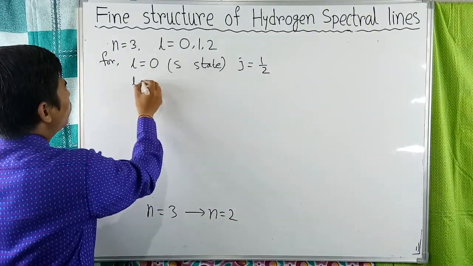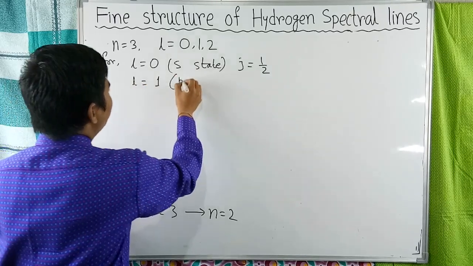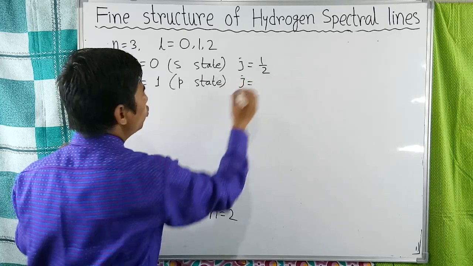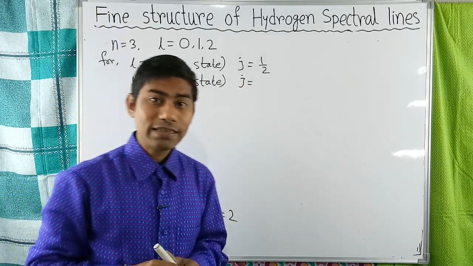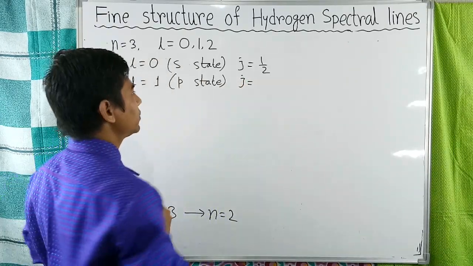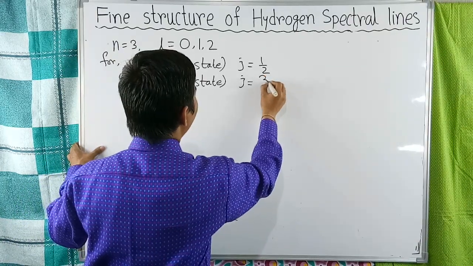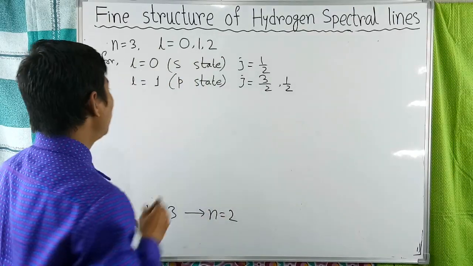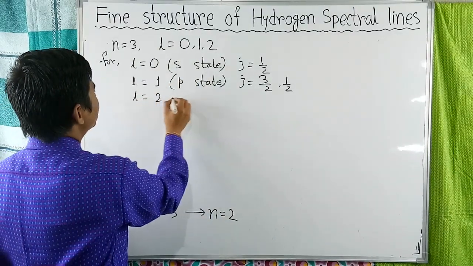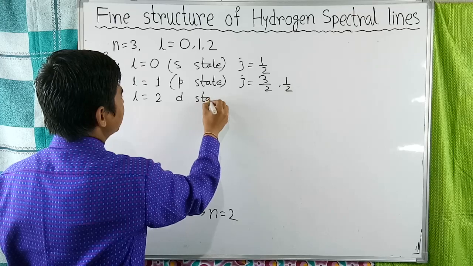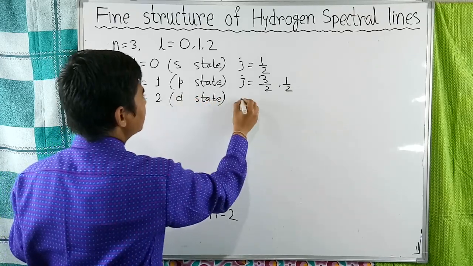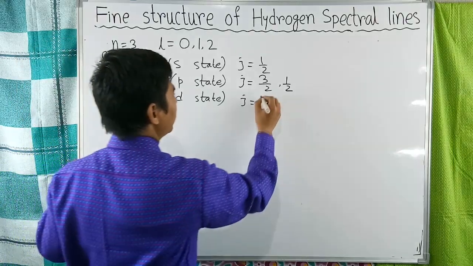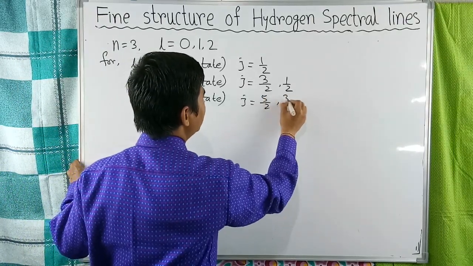For L equals 1, that is the P state, J has two values, L minus half and L plus half, so one value is 3 by 2 and the other value is half. Now for L equals 2, that is the D state, J has two values, L plus half and L minus half, that is 5 by 2 and 3 by 2.